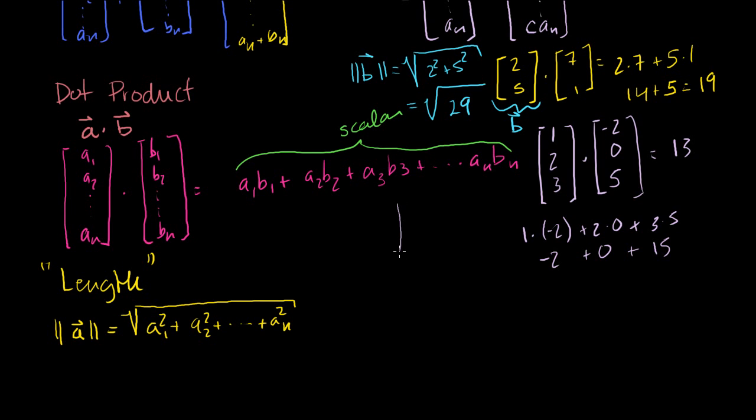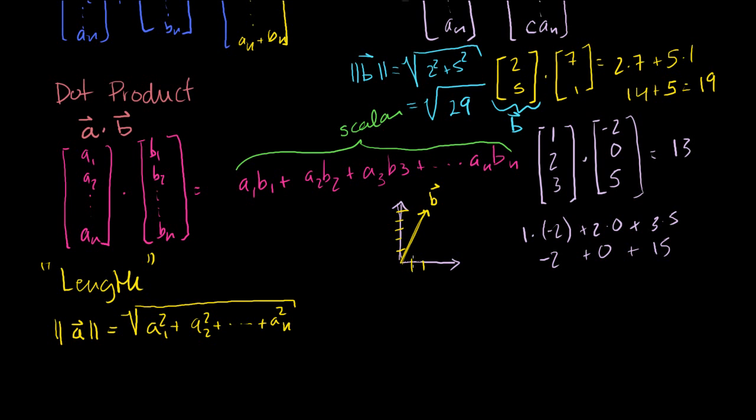If I were to draw my vector B, let me draw it. Those are my axes. My vector B, if I draw it in standard form, I go to the right 2, and I go up 5, 1, 2, 3, 4, 5. So my vector B looks like that.